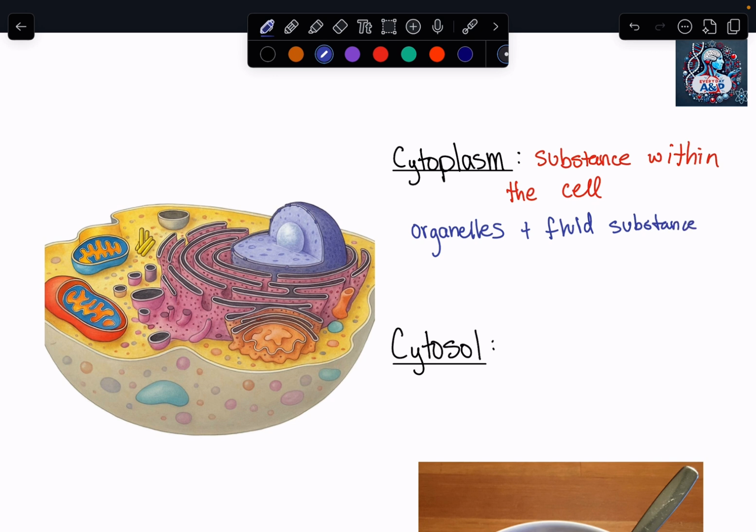Now, to separate cytoplasm from cytosol, the cytosol, right, is just the fluid component of the cytoplasm.